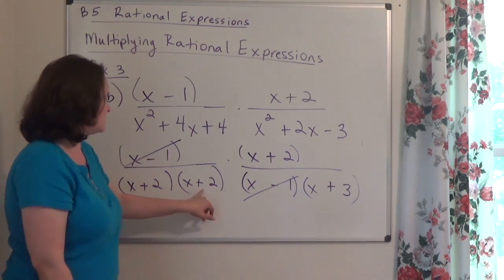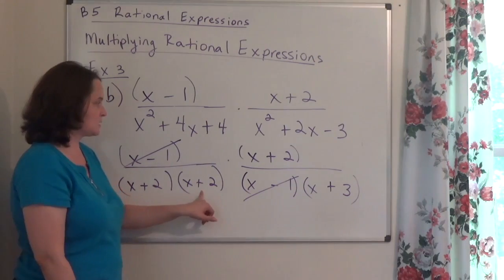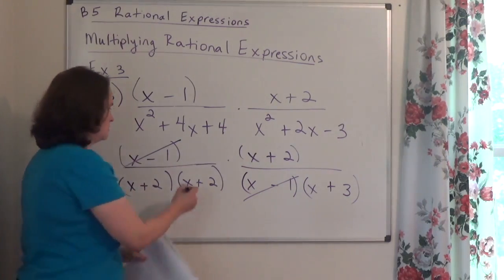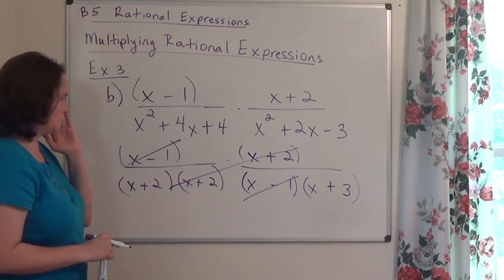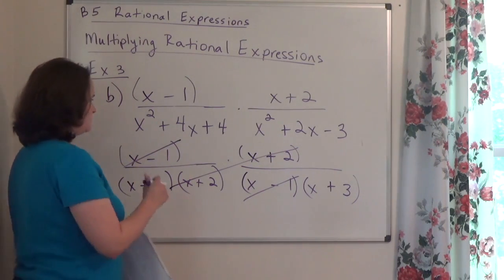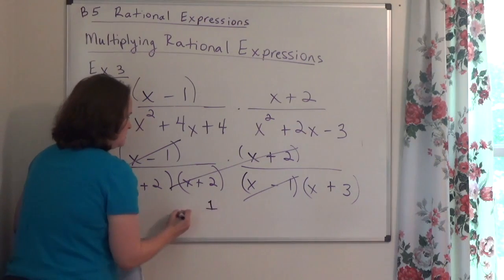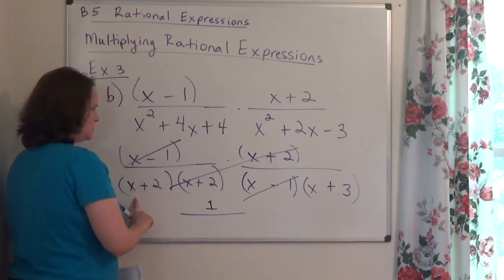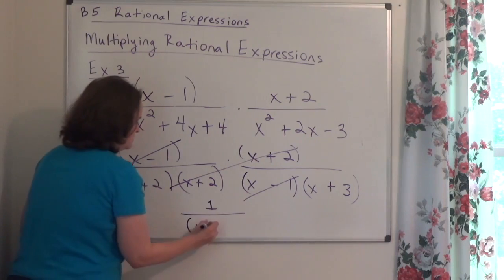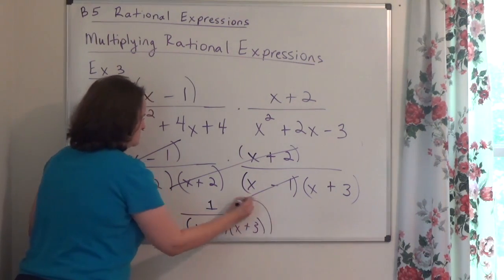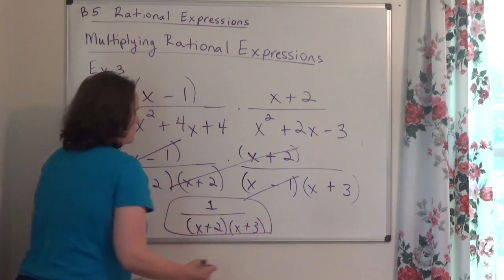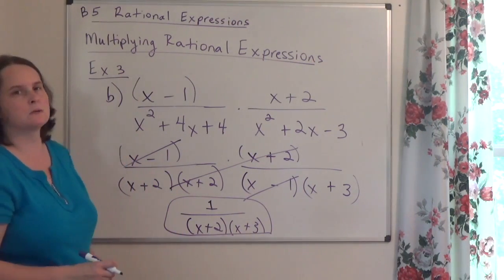So you can reduce this x plus 2 with this x plus 2. I don't see anything else that can be reduced. My numerator is left with just a 1. And my denominator has (x plus 2) times (x plus 3) left. So 1 over (x plus 2) times (x plus 3) is my answer.